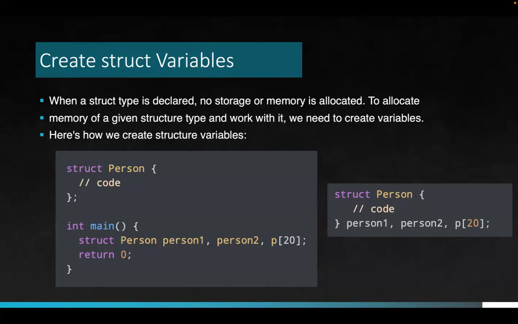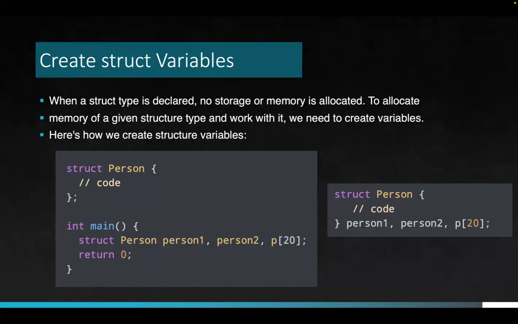So when you just create the structure and don't include any variables in it, it won't allocate any storage unless you specifically declare the members of the structure, and then only it gets allocated.